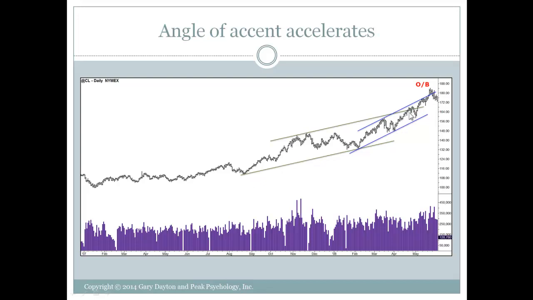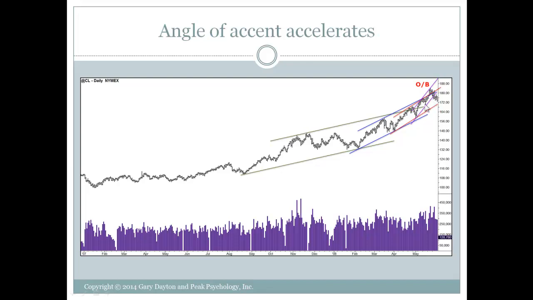But we're also seeing that acceleration starts to come in here, and we can track that with trend channels. We were in a nice gradual sloping uptrend, very nice for quite a number of months, and then suddenly it starts to accelerate. Everybody should be able to see that. And look, it accelerates even more, and even more. As the top is coming into play, buyers want to get in on this.